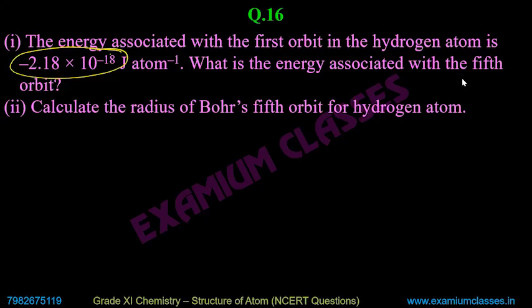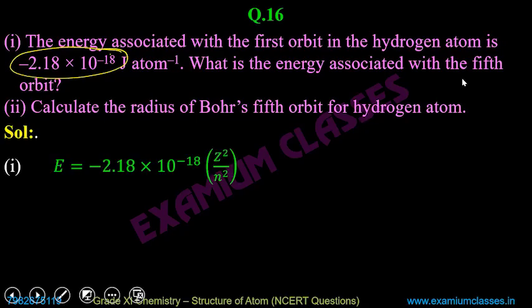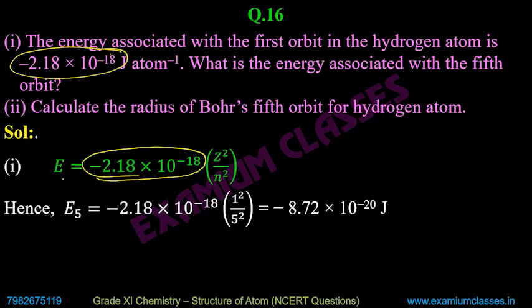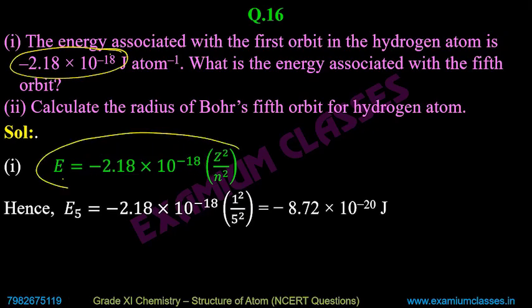You need to first mention the formula. That energy will be the energy of the first orbit multiplied by Z square by n square. Here Z is 1, so you can write just 1 by n square. You skip this one, but first you have to write the formula, substitute the values, get the answer. Why is it important to write it in this form first?